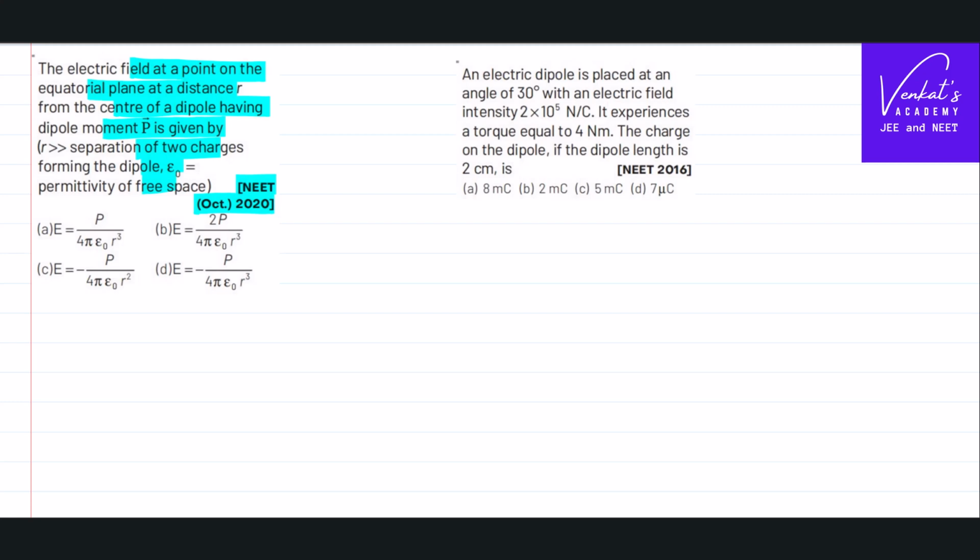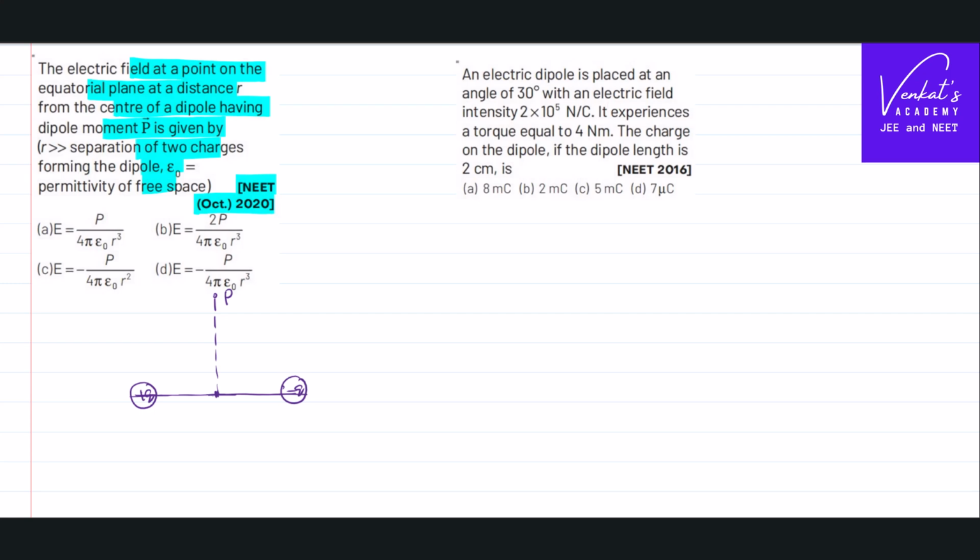So, what he is saying is, there is a positive charge, there is a negative charge, these two are separated by a certain distance. Now, he is considering a point P on a line called the equatorial line. Equatorial line means the line passing perpendicular to the axial line, which joins the positive and negative charges.